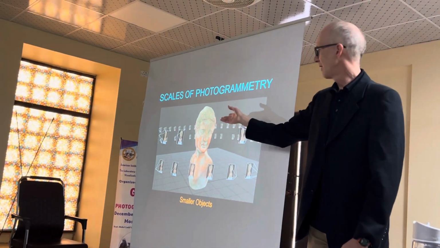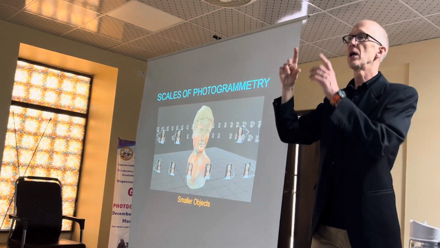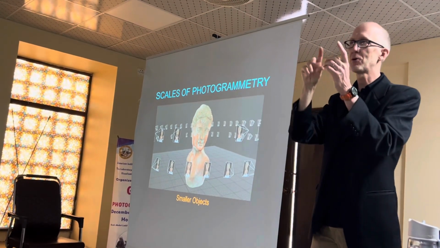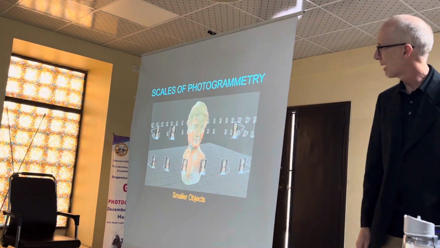Another way, of course, is that if it's something stationary that you can't move, you have to move around and take photographs of the object. But it's good for smaller objects.